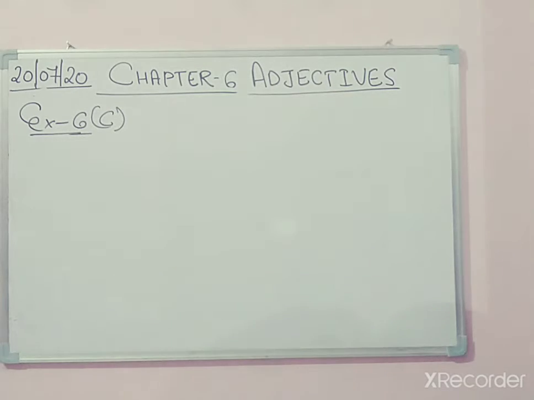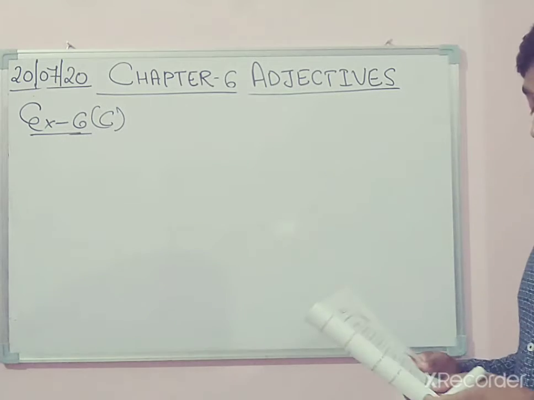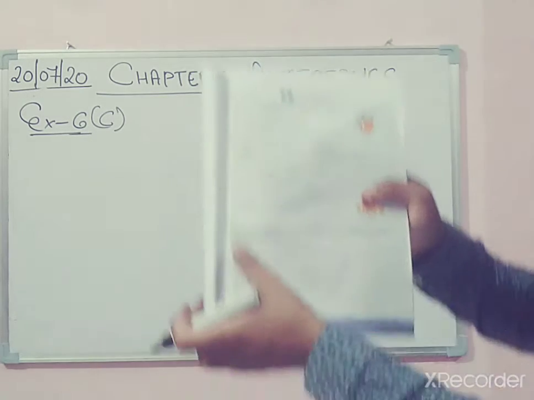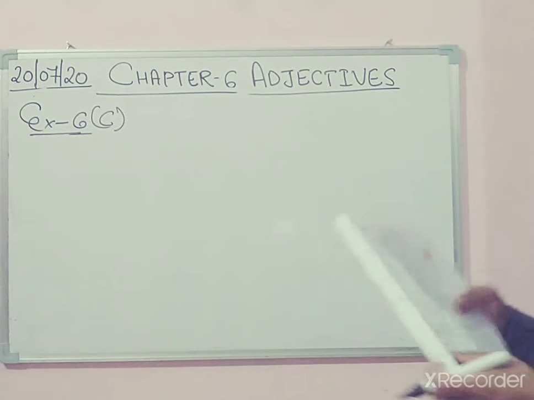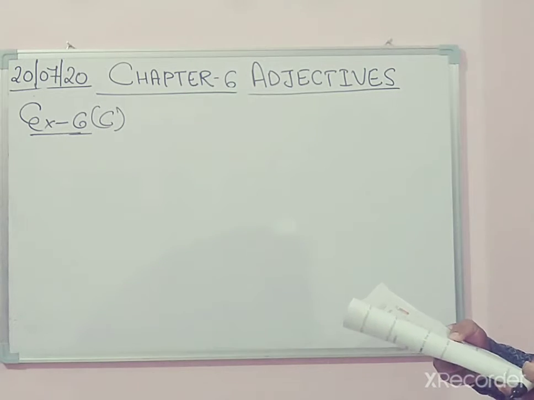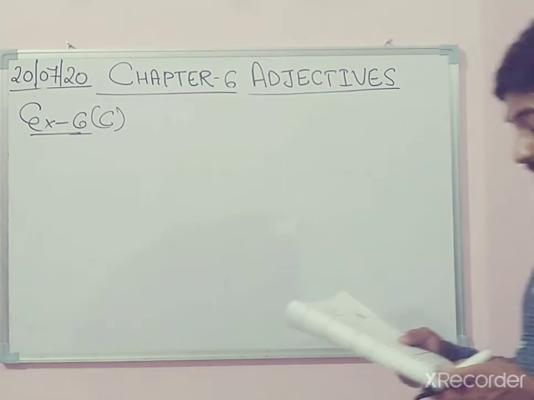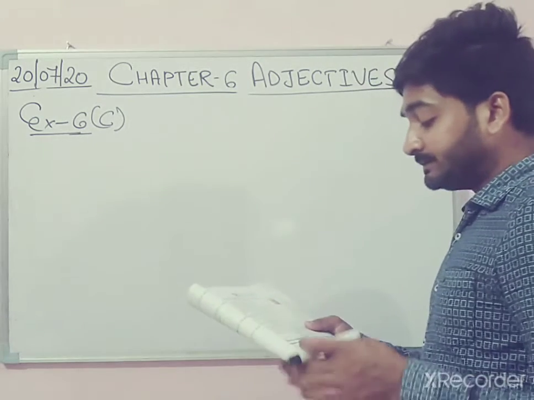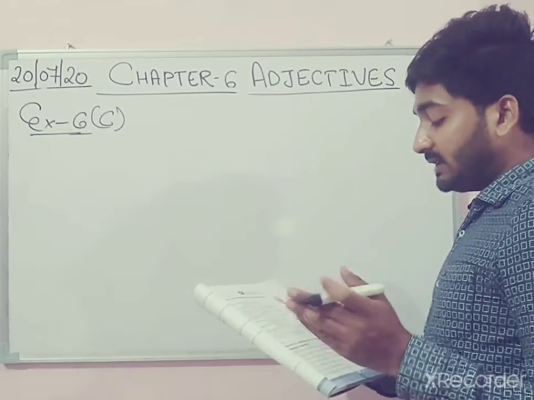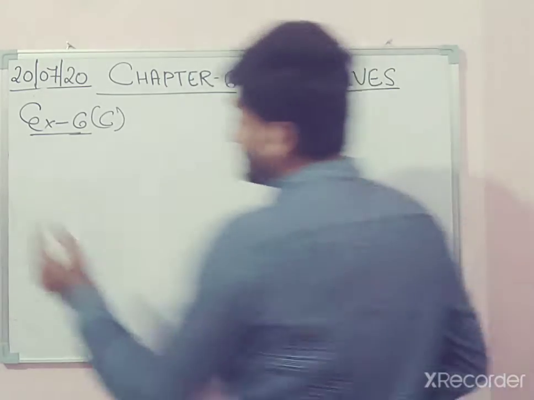As you can see that on the same page we have two exercises. 6C has two exercises. Second is down there, this one. Okay. Identify the adjective and tell whether they are demonstrative or possessive adjective. We have to find out the adjective first, then we have to tell it's demonstrative or possessive adjective.